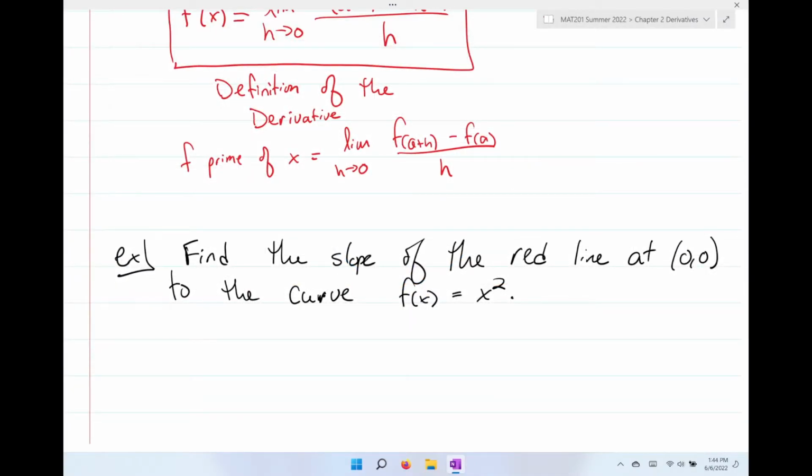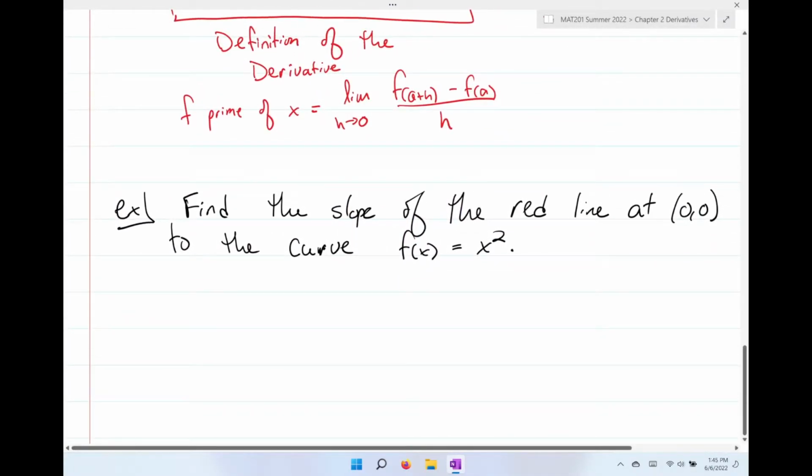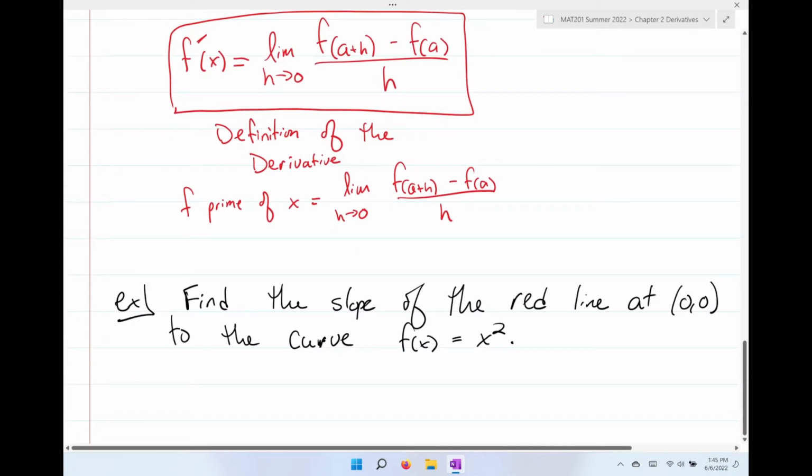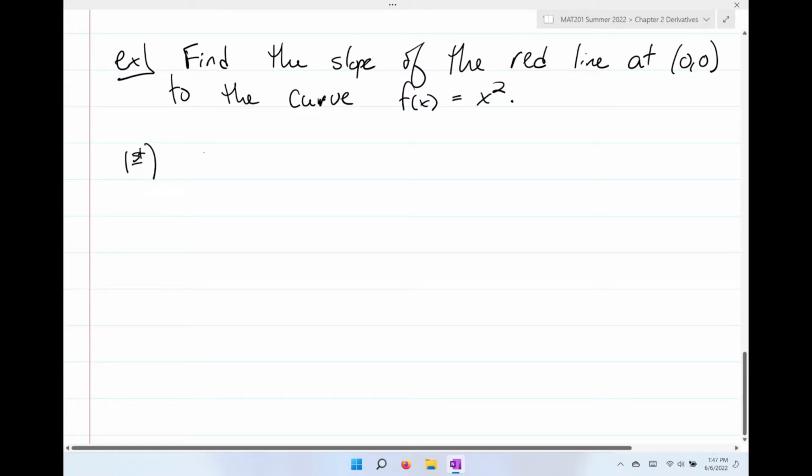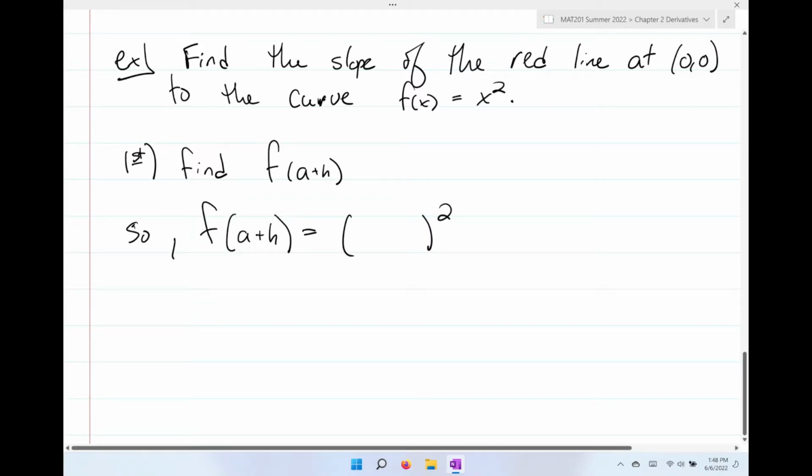Now, in order for us to do this, we're going to need this definition of the derivative up above. So the first thing we're going to do, let's find f of a plus h. So f of a plus h is going to equal, put your parentheses first, make your substitution.